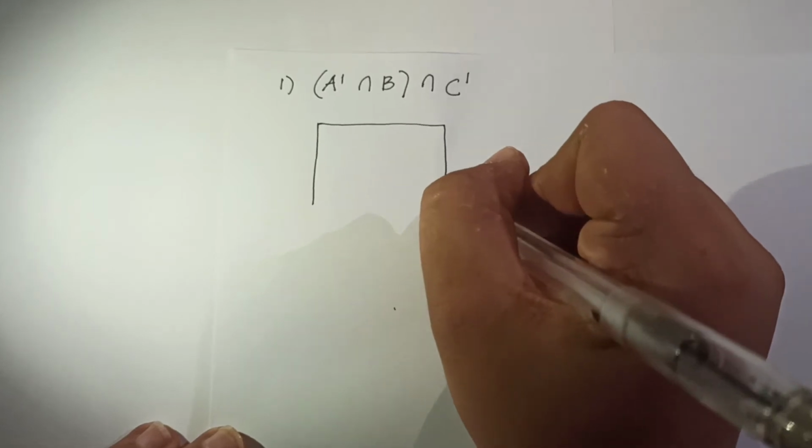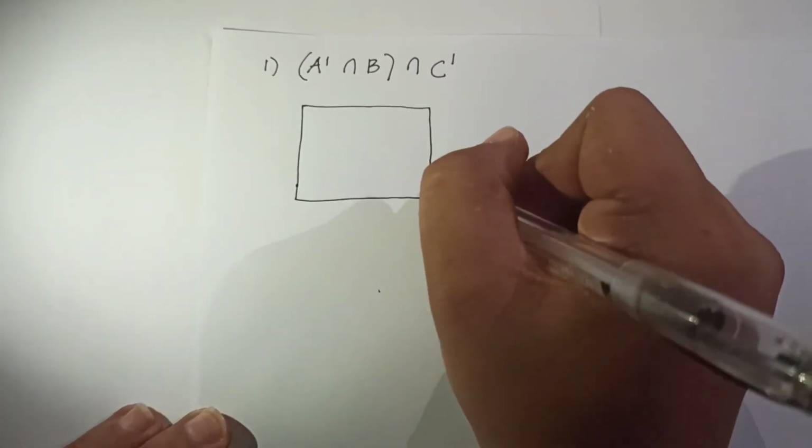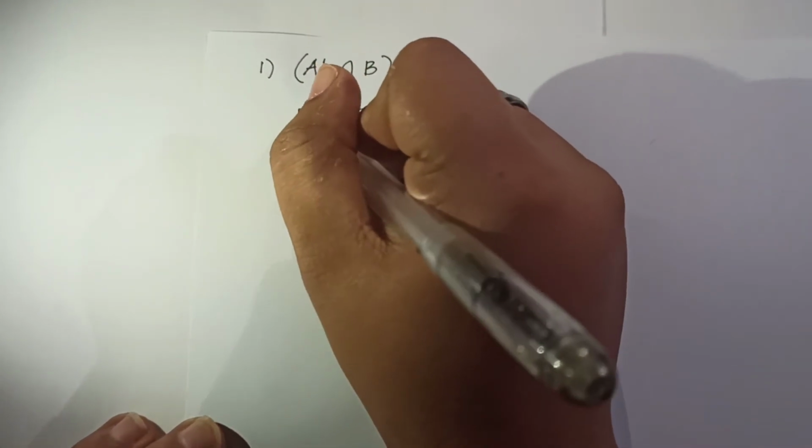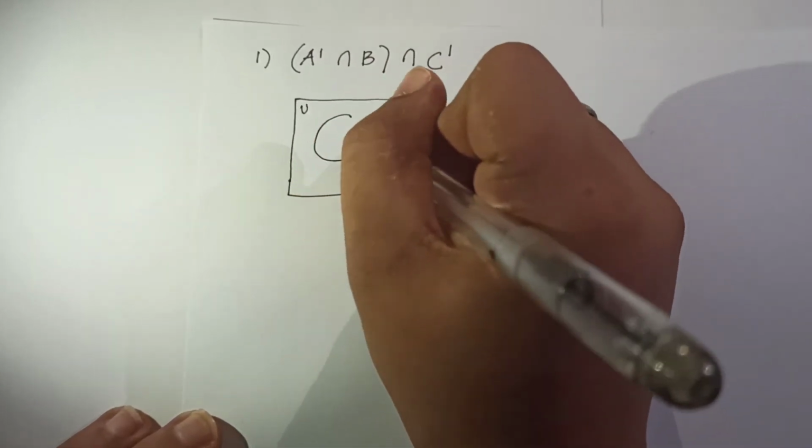We are going to draw first the A prime. This is the universal set.